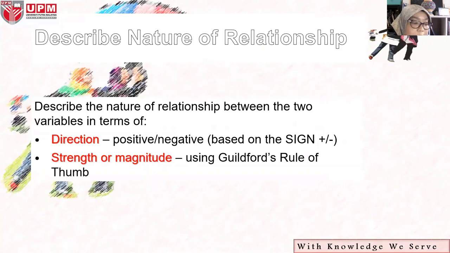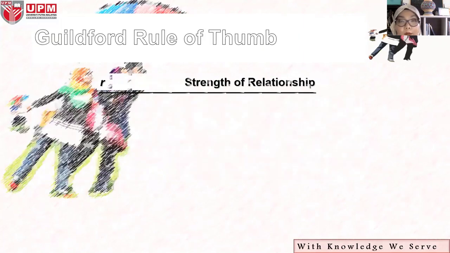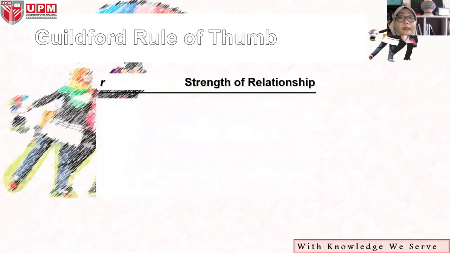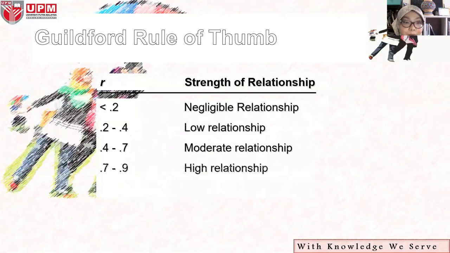We can also determine the strength or magnitude of the relationship by using the Guilford rule of thumb. This is the guideline for the Guilford rule of thumb, in which there are 5 levels.